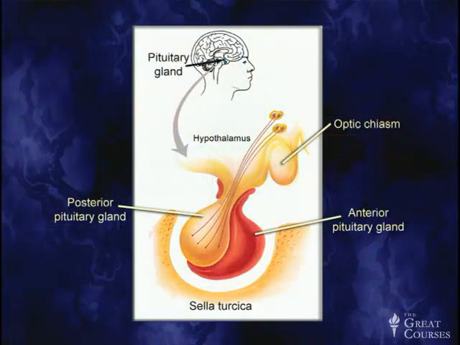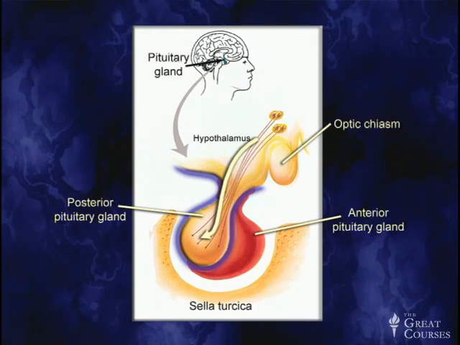The posterior pituitary gland, the neurohypophysis, which is here, actually starts up on top and in front and slides down the back and sits right there. And as I said, they do not talk to each other. The posterior pituitary gland is basically derived from the downgrowth of the brain.